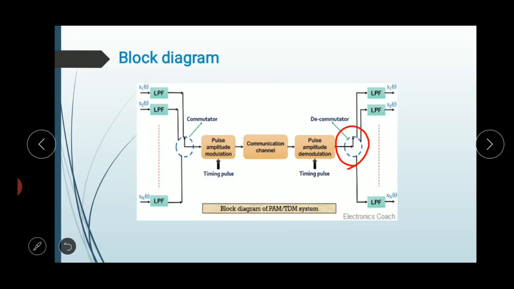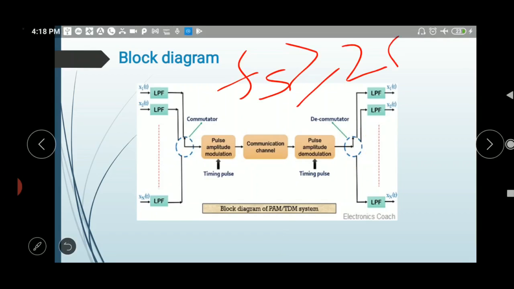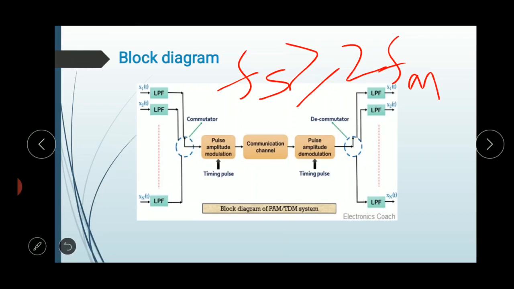After that, the signal is given to the low pass filter and the original data is recovered at its output. So in TDM, we have to maintain the sampling frequency Fs greater than or equal to 2Fm. We know that.